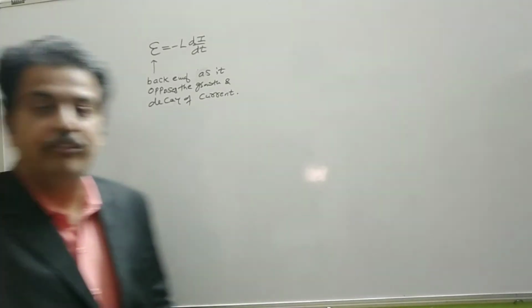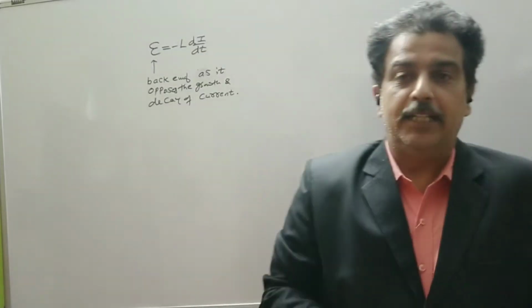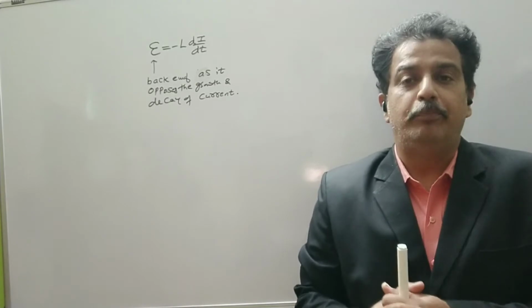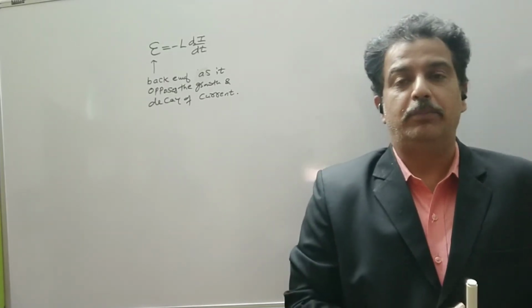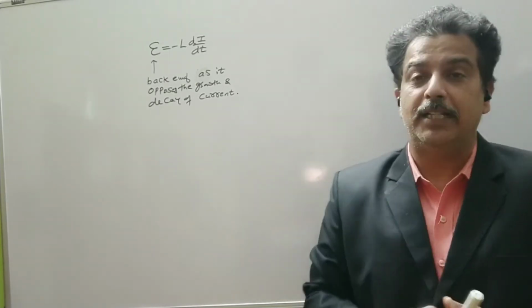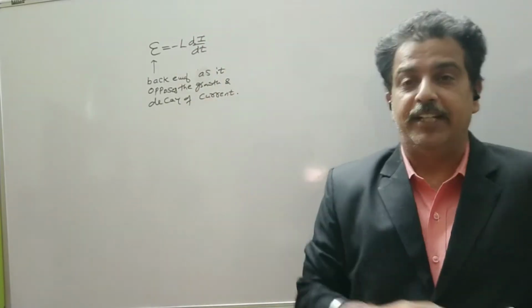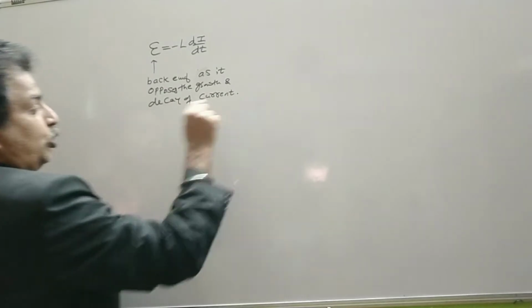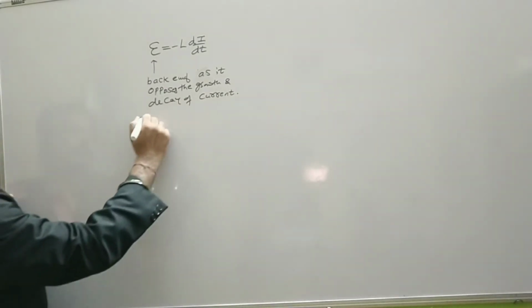It plays a role of inertia, and it is analogous to the mass in mechanics. So whatever role is played by mass in mechanics, that role is played by the self-inductance. Now this back EMF opposes the growth and the decay of the current.